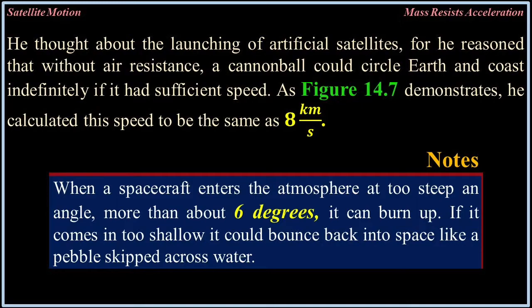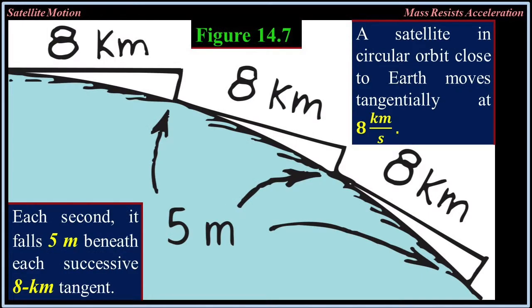Let's look at Figure 14.7: a satellite in circular orbit close to Earth moves tangentially at 8 kilometers per second. Each second it falls 5 meters beneath each successive 8-kilometer tangent.